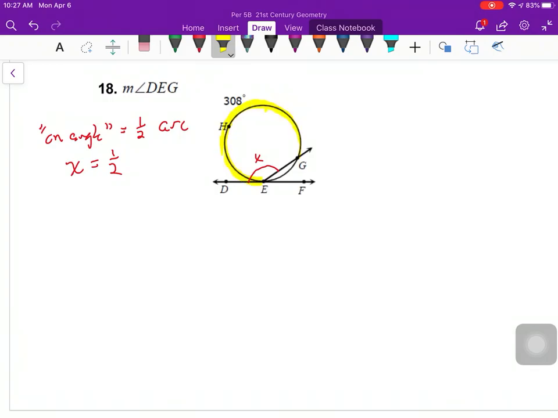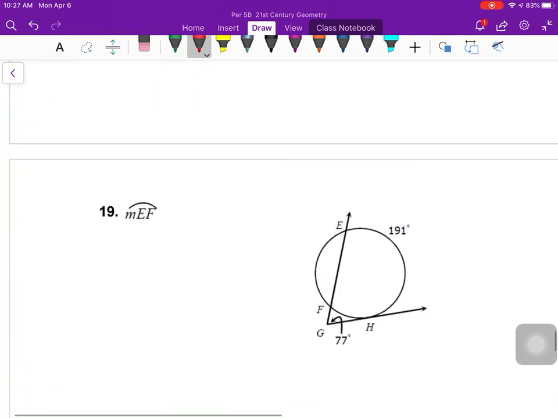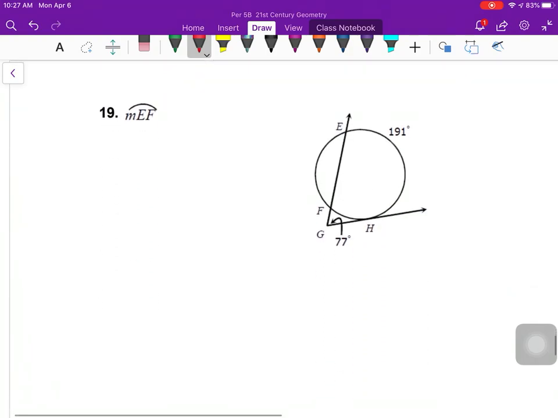So the x is going to be equal to half of this arc out here. So it will be equal to 154. The measure of angle DEG will equal 154 degrees.